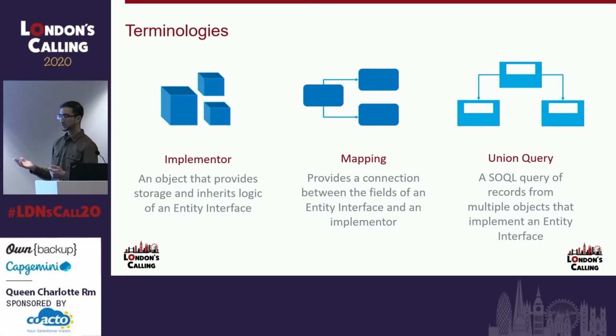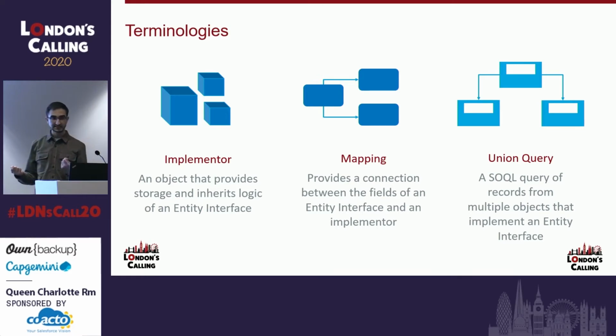So it could be a standard, custom, AppExchange, or external object. Then, of course, you have mapping. Mapping means we're talking about the logical layer of the objects, and the fields have to be aligned from the source to the entity interface.